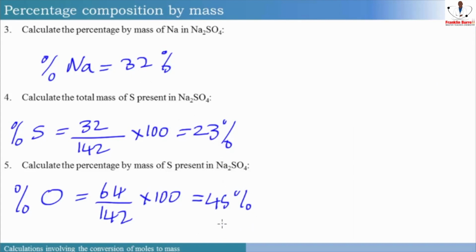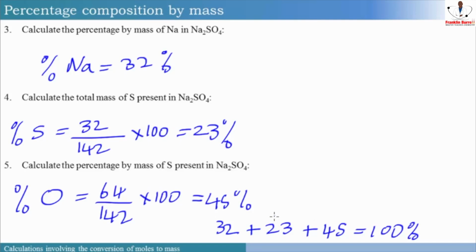Let's check. 32 plus 23 plus 45 is equal to 100%. So we calculated the percentage of sodium in sodium sulfate, sulfur in sodium sulfate, and the percentage of oxygen in sodium sulfate, and they all add up to 100.